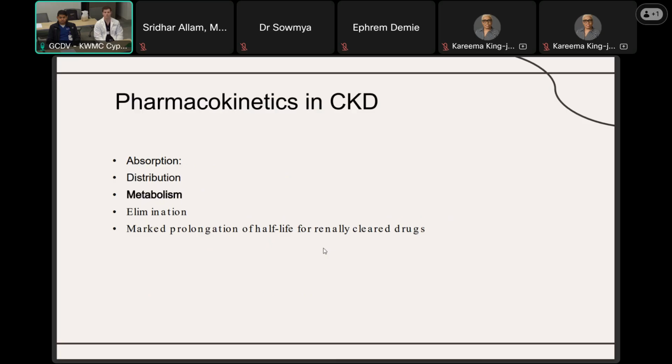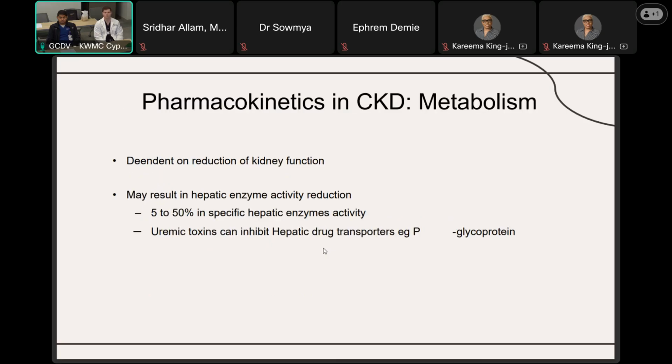Let's talk about metabolism. Metabolism of medications sometimes is dependent on the reduction in kidney function. Now, it has been seen that in patients with kidney disease, even if they do not have liver disease, the uremic toxins can affect hepatic enzyme activity.